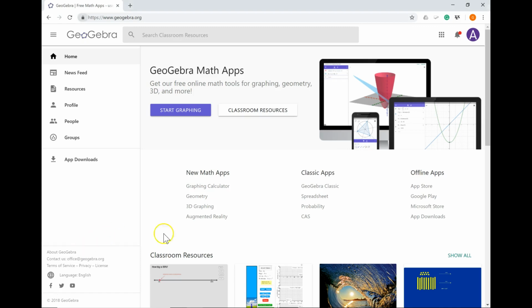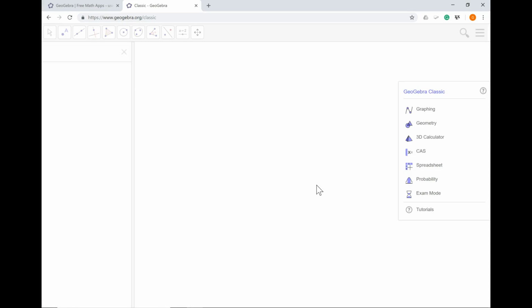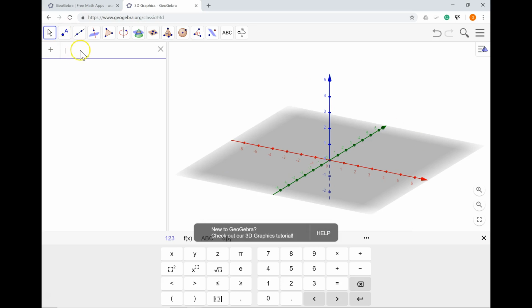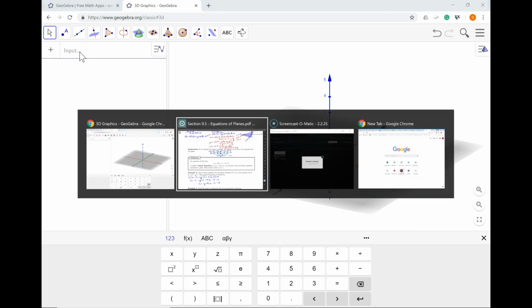So we come into GeoGebra. We can go into the GeoGebra Classic app. And then over here, when it loads, we want to hit the 3D calculator. So let's double check with our equation.